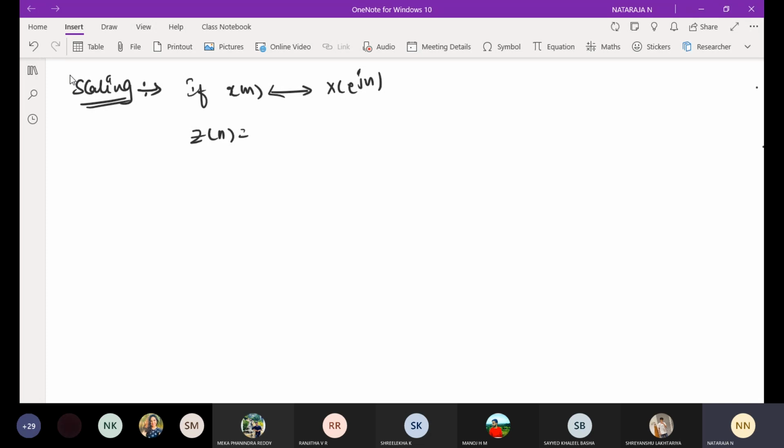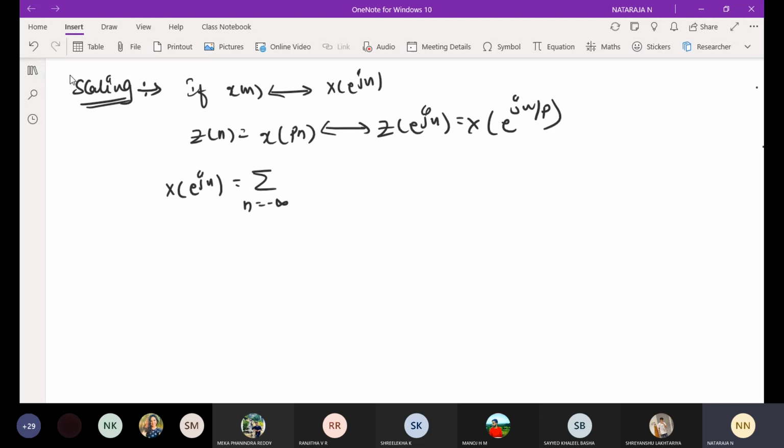z of n is equal to x of pn, and its DTFT Z of e power j omega is equal to X of e power j omega by p. We have X of e power j omega equal to summation n equals minus infinity to infinity x of n e power minus j omega n.